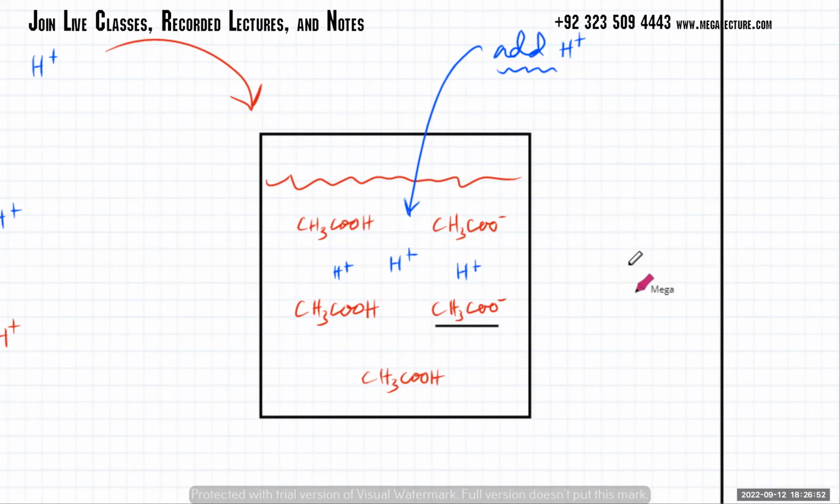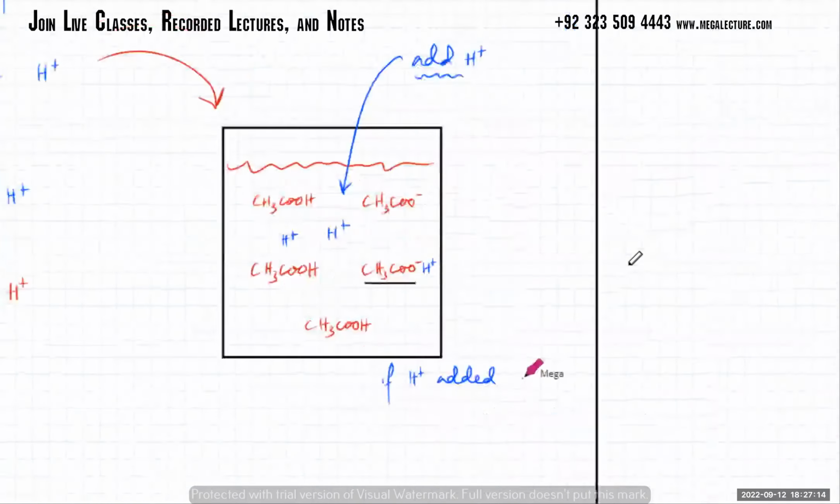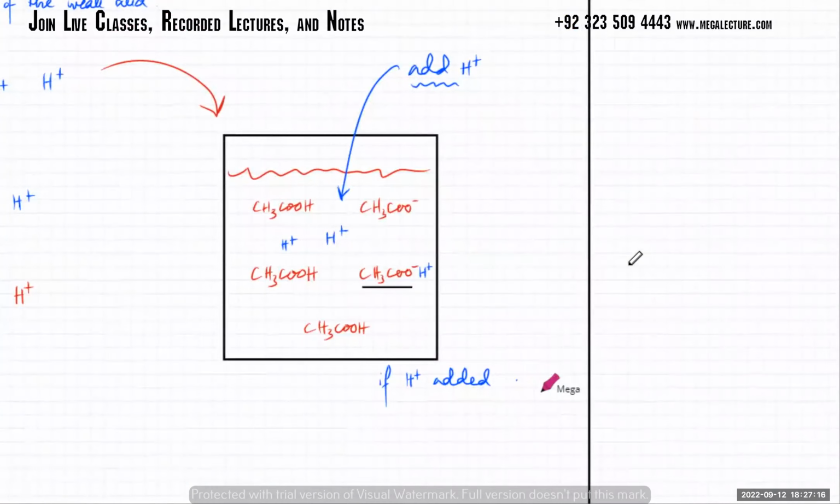This H plus will go and be attracted to this negative ion. So this H plus will go and it will be absorbed by the ethanoate ion. So this is the reaction that's going to happen. If a small amount of H plus is added, and if somebody tries to make this solution acidic, right? So the conjugate base will neutralize the H plus ions.